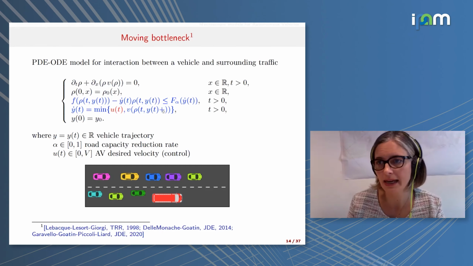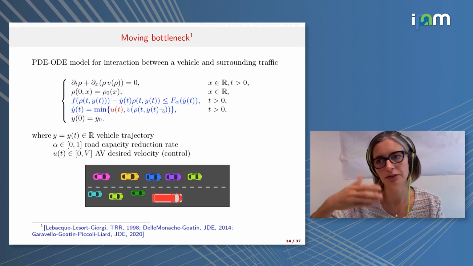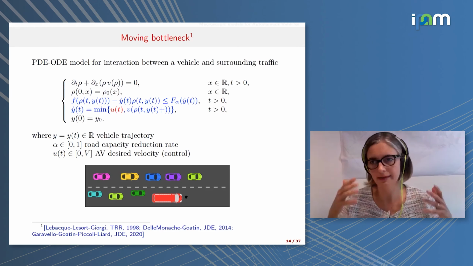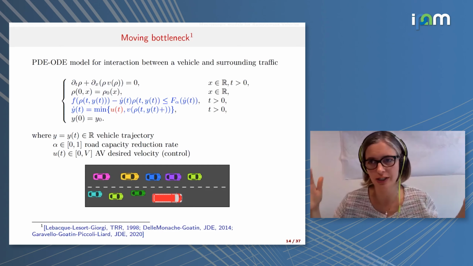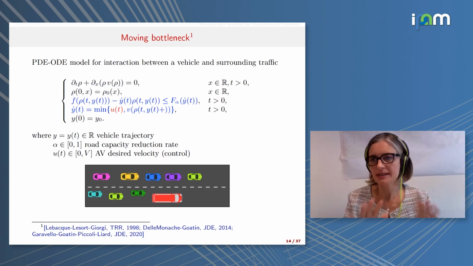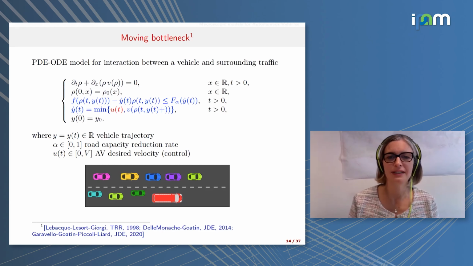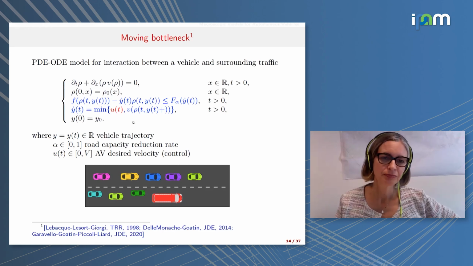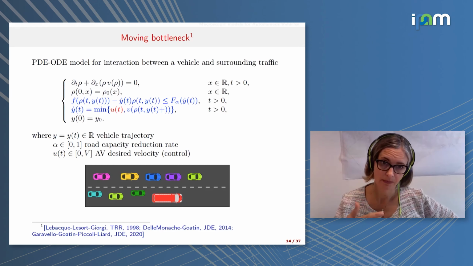The plus sign here stands for the right trace, so it's the speed of the cars just in front of the vehicle. Of course, we are talking about averages everywhere, but this has a mathematical meaning, and we are happy. So you see that the traffic has an impact on the vehicle because the vehicle has to adapt its speed according to the traffic.